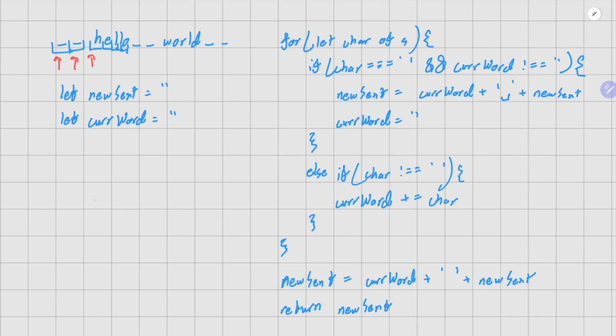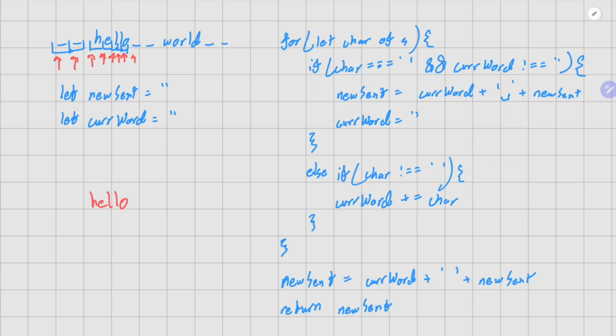So our current word would have the letter h in it, and then the next one would be e. Our current word would have e in it. Next one, current word would have l in it, o in it, and then at this point in time we hit the first space character after the string.